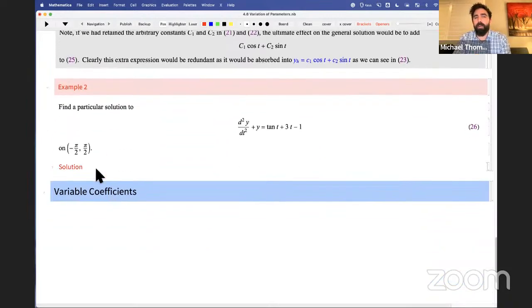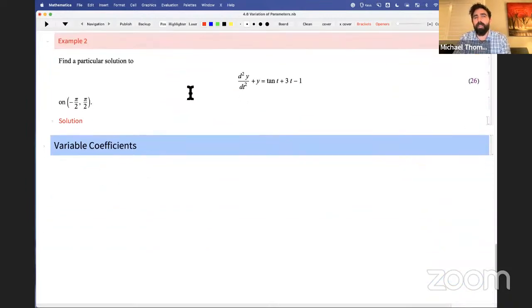All right, another example. We're going to find a particular solution, this time just a particular, which is what these methods allow for, to this guy. Now, can we directly use undetermined coefficients on that? It doesn't work, right?